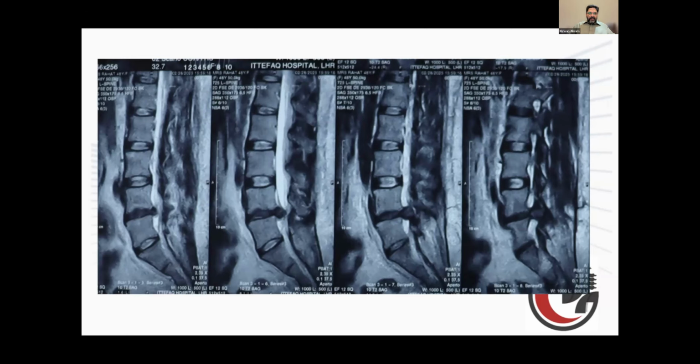Once you see the disc space and the end plates, they have a good surface for the fusion. And even to the other side, you can see the contralateral side through your camera in the disc. Once you have seen it, wash it, and then you can put a graft and the cage in. That favors the fusion.